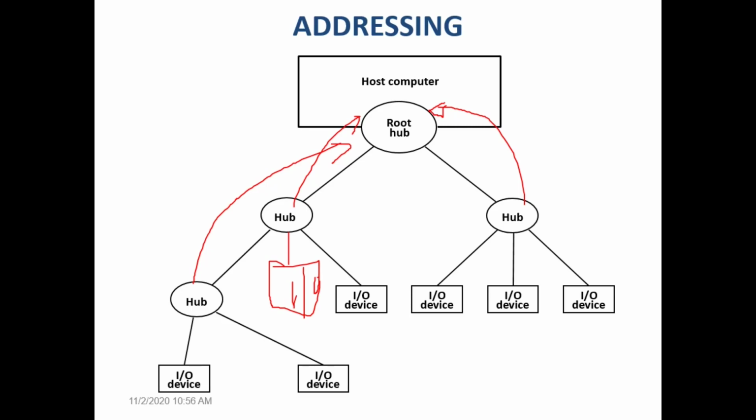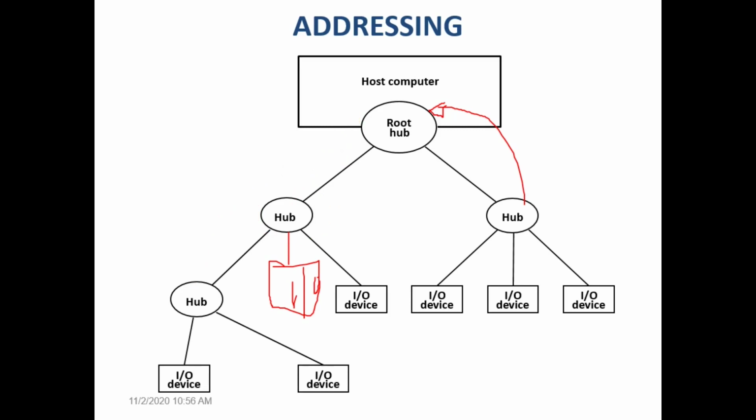In the information sent by the various hubs, there is one piece from this particular hub saying that a new device has been connected. So when the root hub collects information from every hub periodically, it comes to know that a particular IO device is connected to a particular hub.